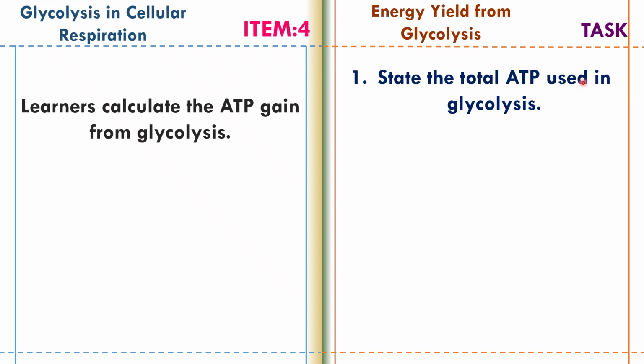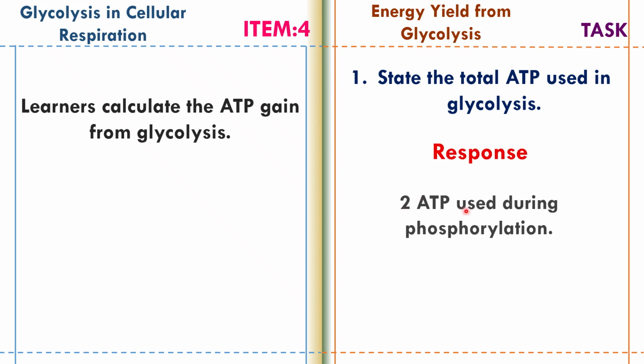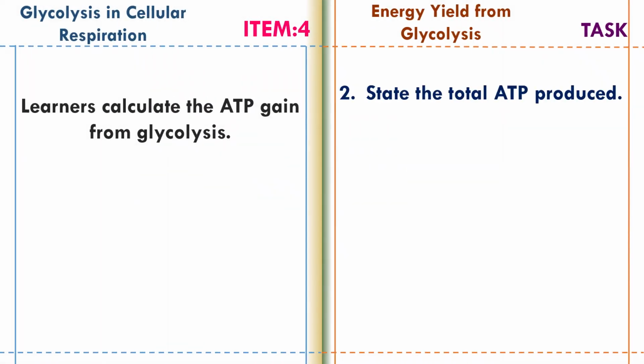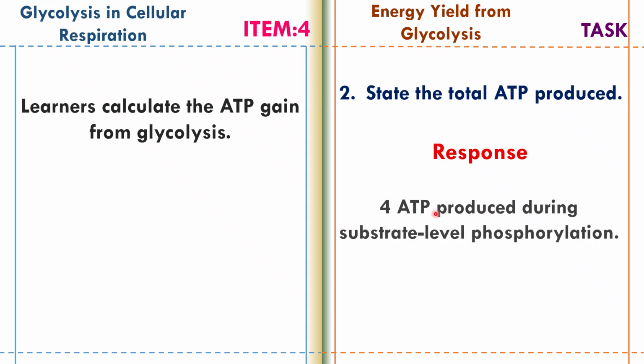State the total ATP used in glycolysis. 2 ATP used during phosphorylation. State the total ATP produced. 4 ATP produced during substrate-level phosphorylation.